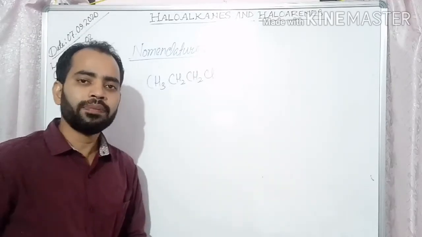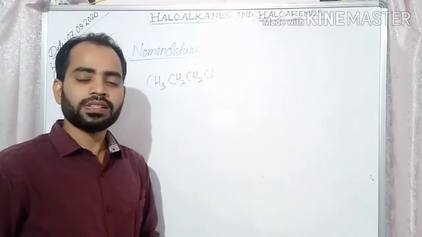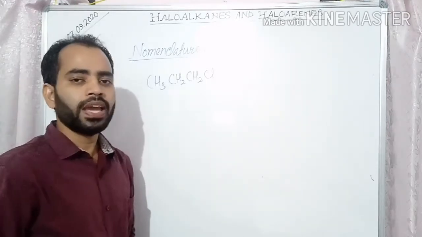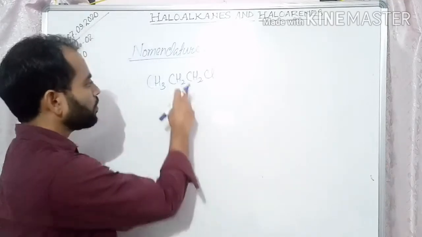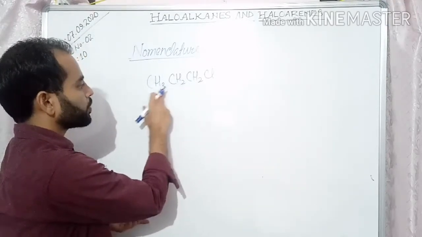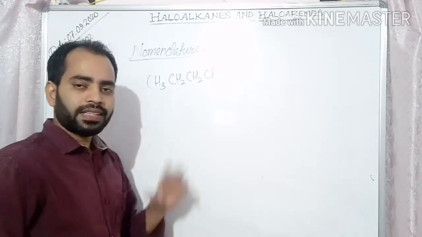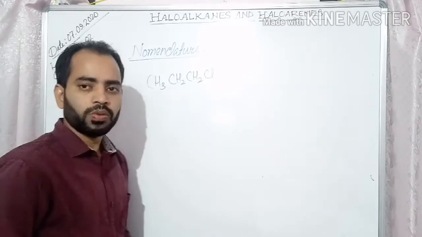While naming an organic compound, as you have studied in HS first year, there are some rules we have to follow. The first is to identify the longest carbon chain. This is a simple molecule, so here this is the longest carbon chain, and next we'll number those carbons.